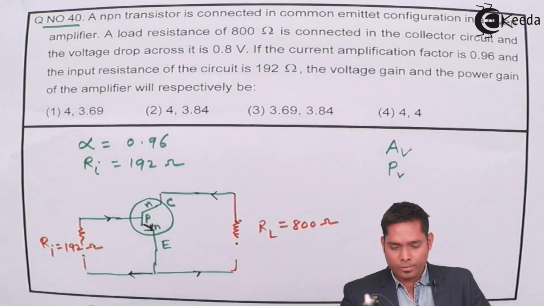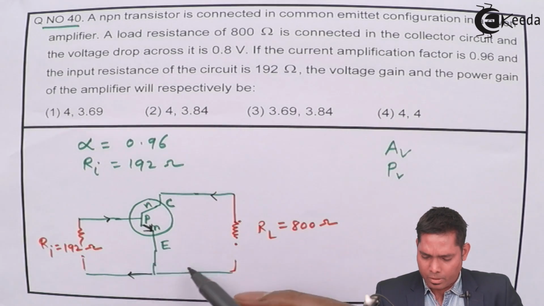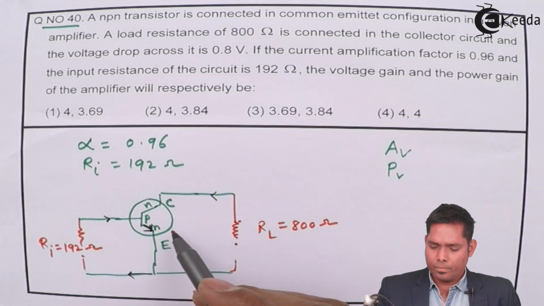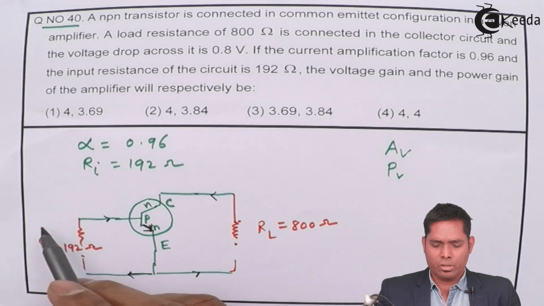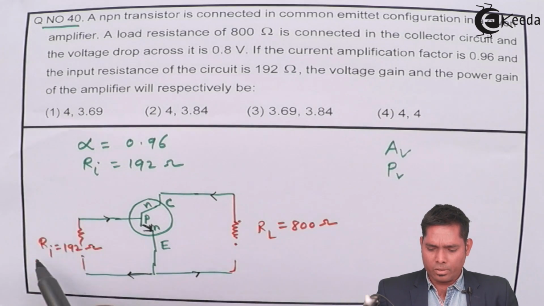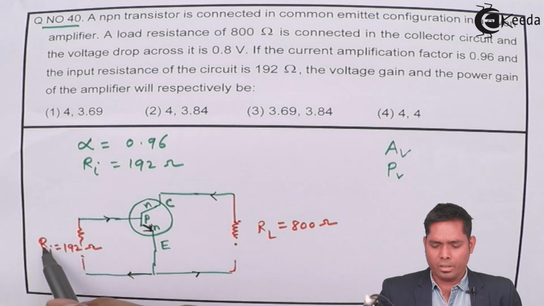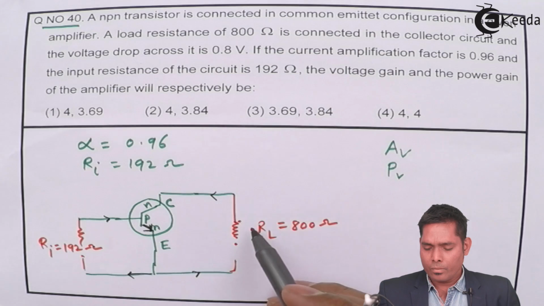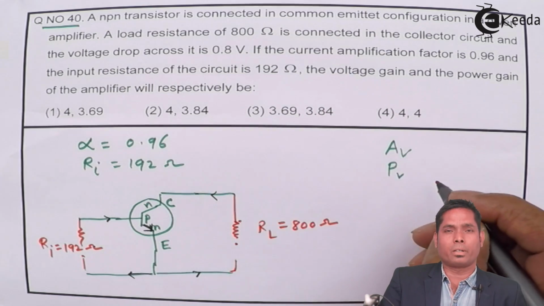This is the input circuit, this is the output circuit, this is the common emitter configuration. The rest of the circuit is not shown because it is not required. The input signal that we feed here is amplified, and we are interested in the voltage gain and power gain.